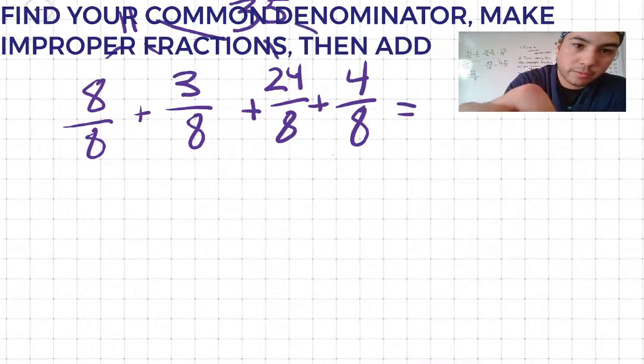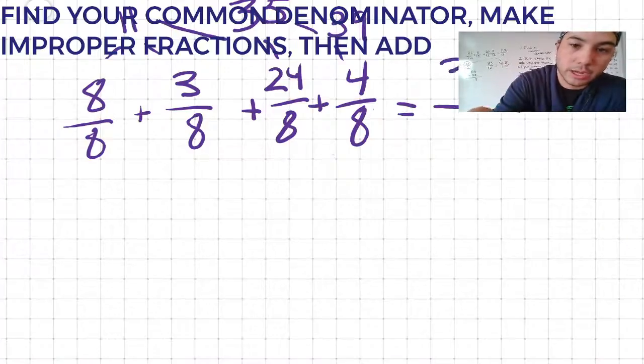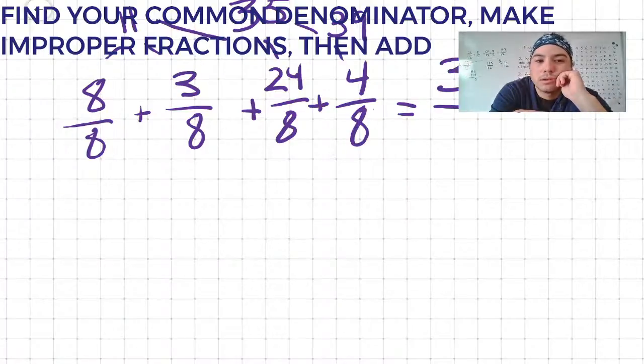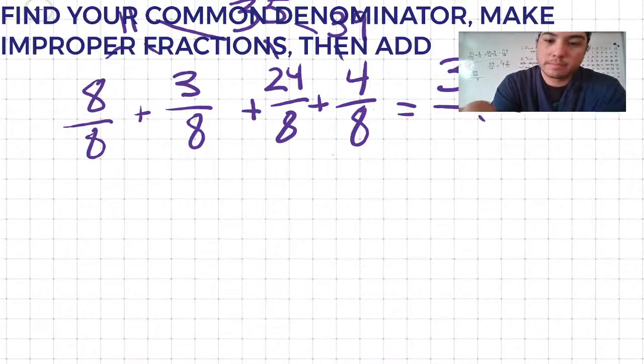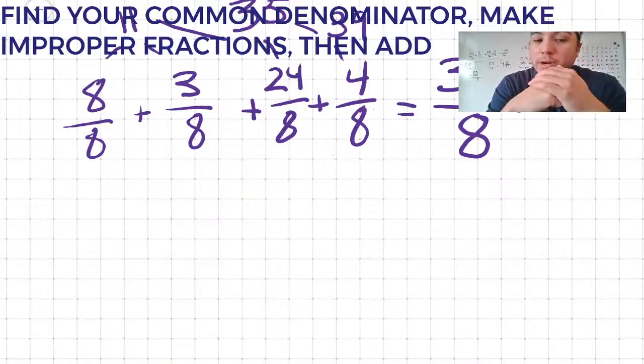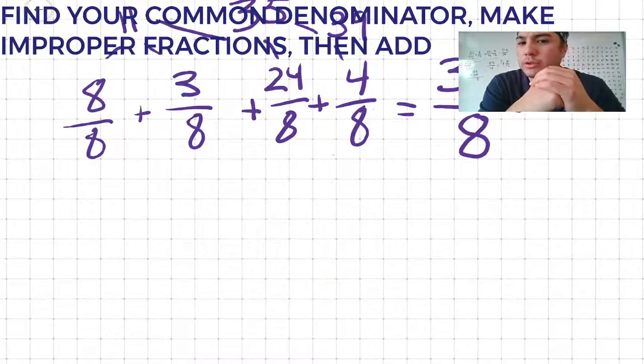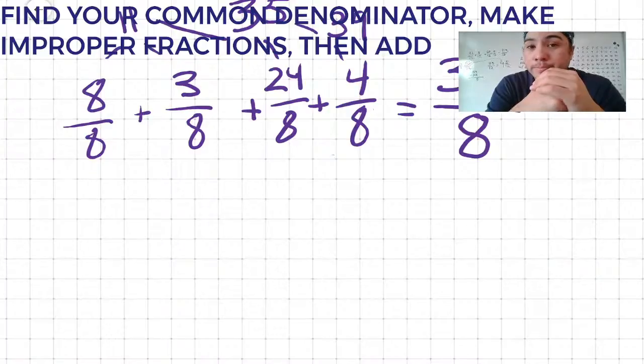And 35 plus 4: 36, 37, 38, 39. So our final answer here would be 39. And then what goes in the denominator? Yep, still eighths. When we're adding, our denominator does not change. There's still a few of you out there that are trying to add your denominators, and that changes the value of your fraction. 39 over what's 8 times 4? 32. That's a much different value than 39/8.